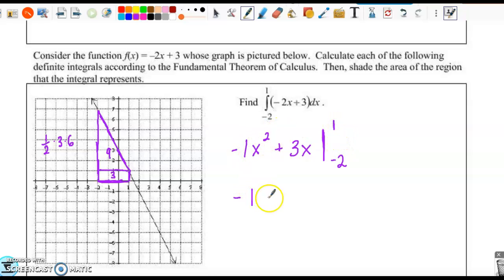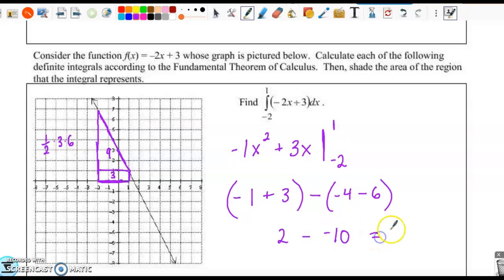Well, 1 squared is still 1, and 3 times 1 is 3. And then plug in -2. Well, -2 when you square it is 4 times -1 would be -4. And 3 times -2 is -6. And then you subtract those values off. Well, notice that I end up with 2 minus -10, and I get an answer of 12, exactly what I predicted.